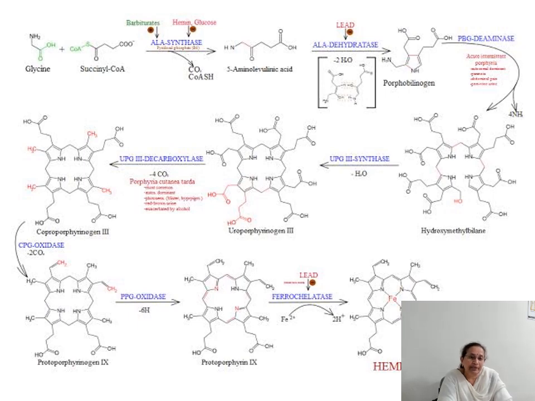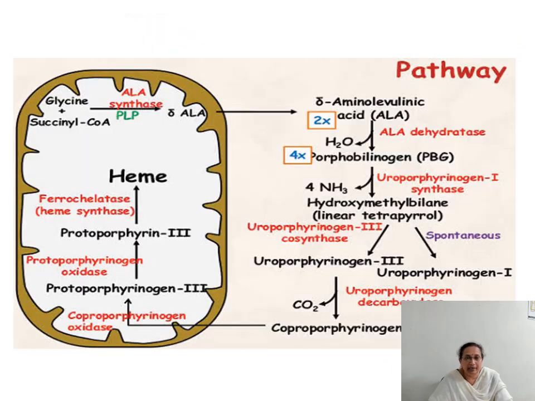CPG3 is acted upon by the enzyme CPG oxidase to form into PPG3. PPG3 acted upon by the enzyme PPG oxidase forms protoporphyrin 9, which is acted upon by ferrochelatase to introduce iron in the +2 form into the ring to form heme. So this is in a nutshell the synthesis of heme.